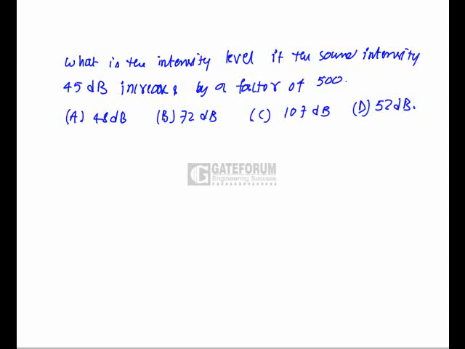What is the intensity level if the sound intensity of 45 dB increases by a factor of 500? So the increase in intensity after it increases by a factor of 500 is equal to 10 log base 10 of the factor, that is 500.